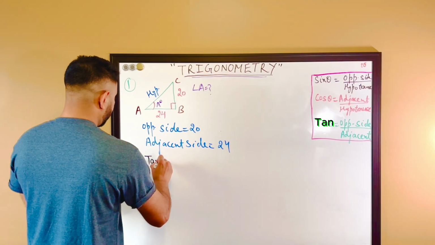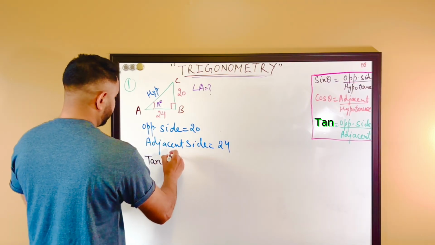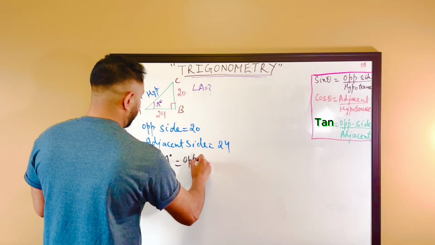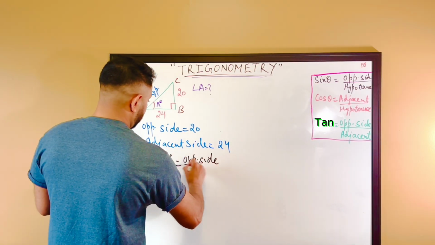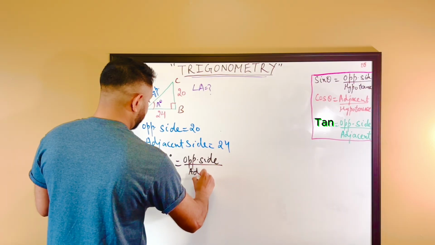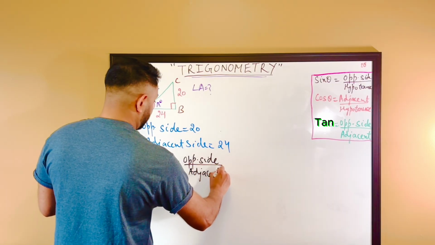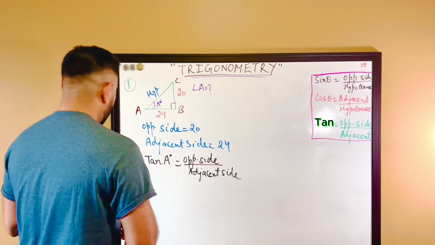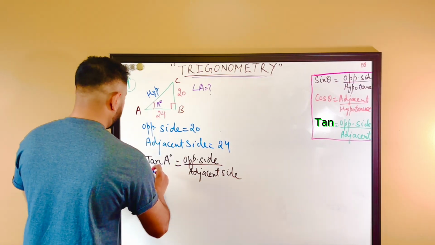So tan of angle A is equal to opposite side divided by adjacent side. Now we're going to put these values here.